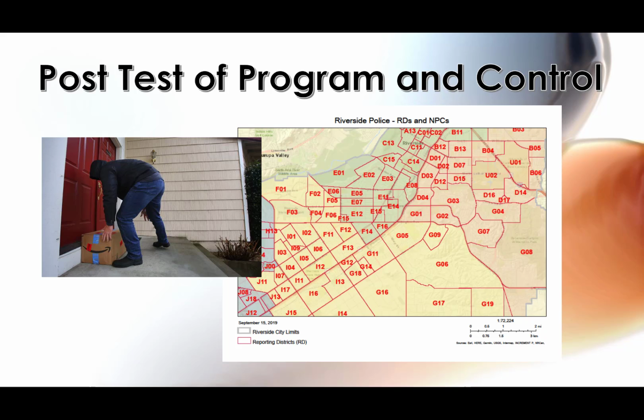As I mentioned, we're going to be doing a post-test of the program and control. Any of the other designs, longitudinal studies and others, a pre-test with post-test, are really not going to be very effective here, simply because we're probably at program saturation.